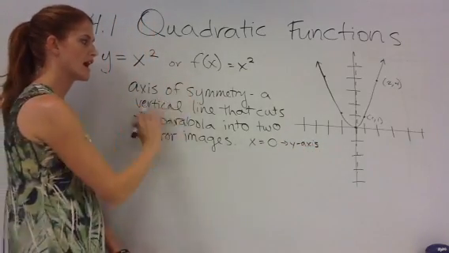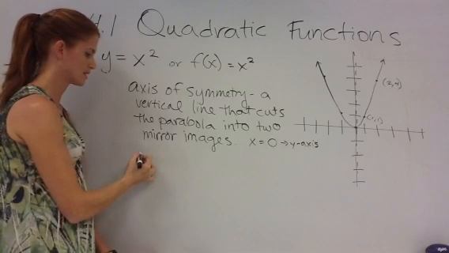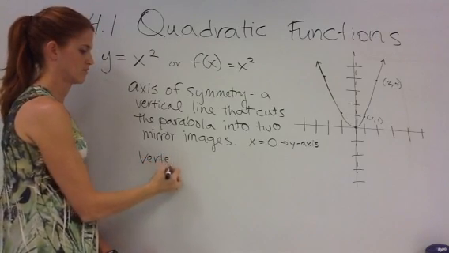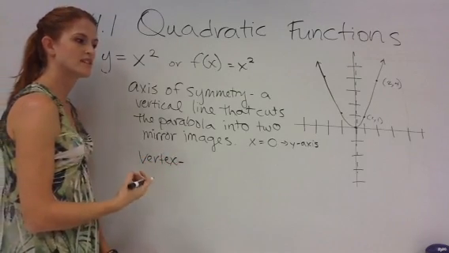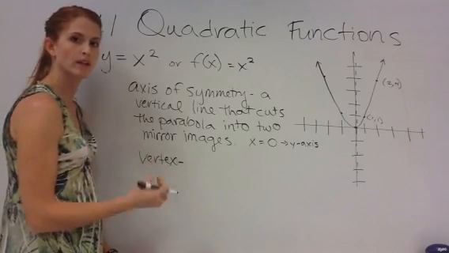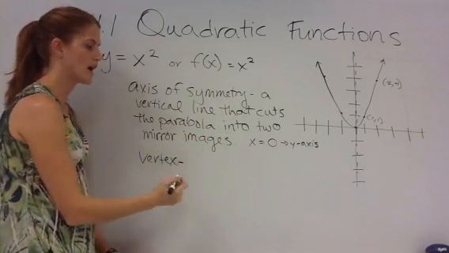Now that we have the axis of symmetry, let's talk about the vertex. The vertex is either a maximum point or a minimum point, depending on what kind of parabola that you have.